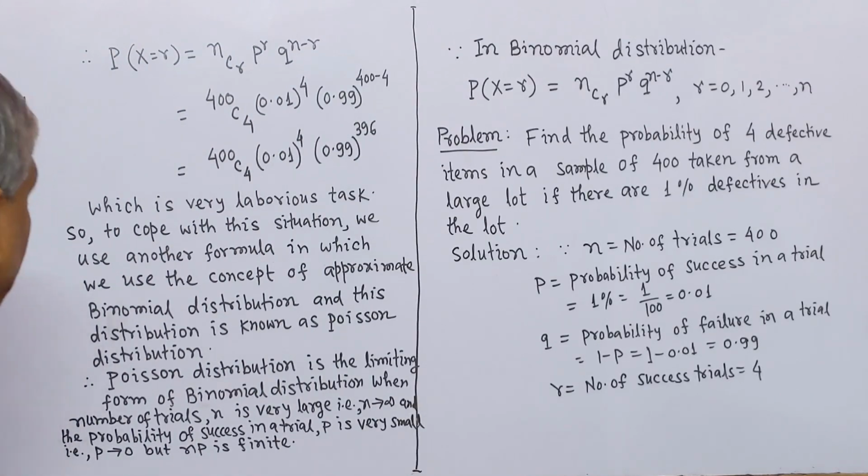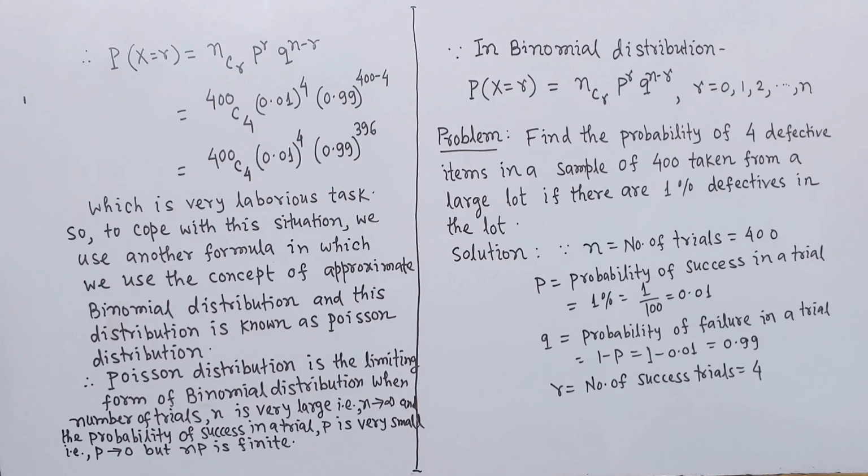Therefore, Poisson distribution is the limiting form of the binomial distribution, when the number of trials n is very large, that is n tends to infinity, and the probability of success in a trial p is very small, that is p tends to 0, but n multiplied by p, their product, is a finite quantity.